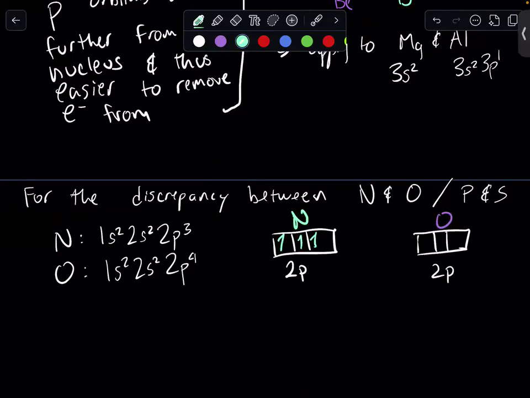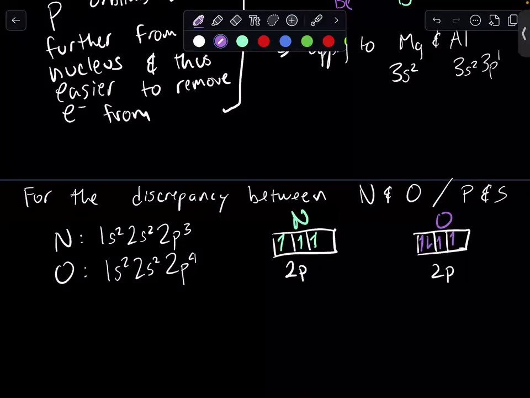We fill them all with one first. Oxygen has four: one, two, three, and four. So what we notice is that nitrogen only has one electron per orbital, while oxygen has two electrons in one of the p orbitals, with one electron in the other two.